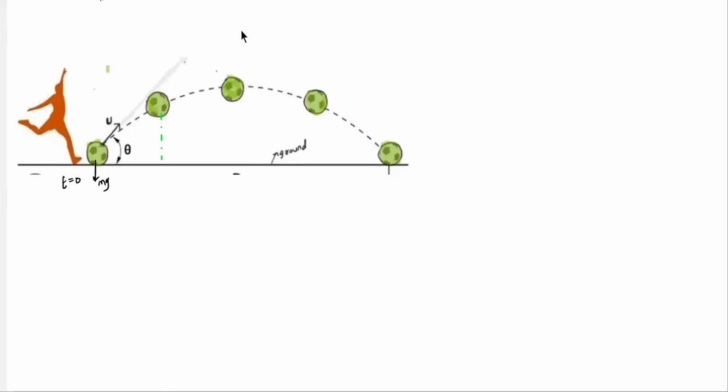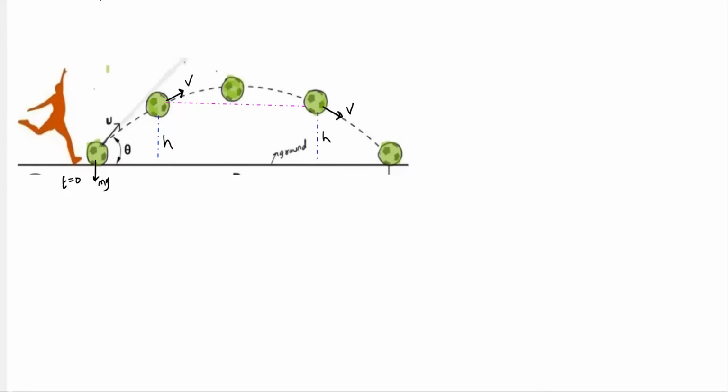You can check it here. You can compare things like this. For complementary angles, the range will be the same, and the time of flight and the maximum height will be different. That's one basic idea. Okay, we'll go for the next topic.